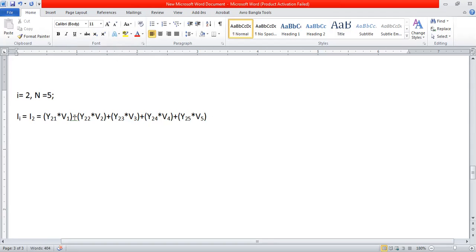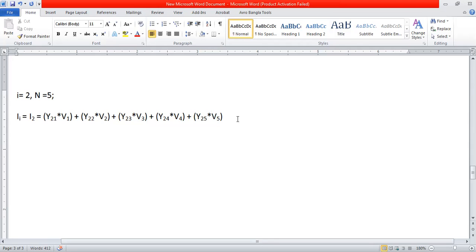So this is our current equation for particular bus 2, and if the power system contains 5 buses, then I2 is equal to Y21 into V1 plus Y22 into V2 plus Y23 into V3 plus Y24 into V4 plus Y25 into V5.